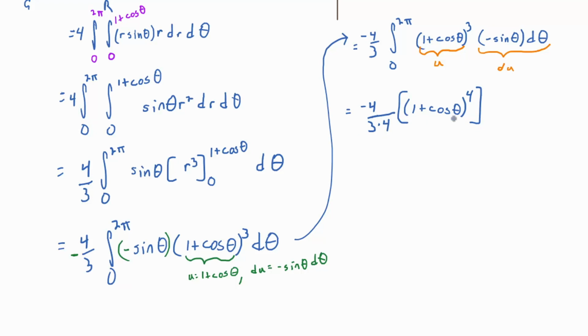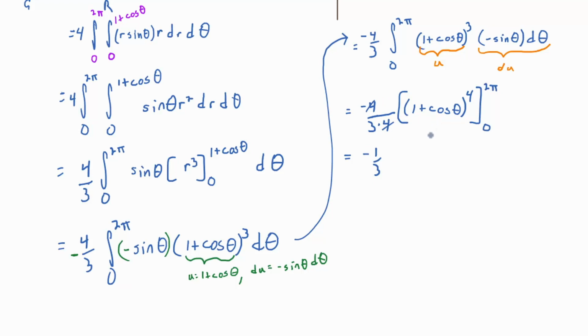Is that okay? And then, well, negative, right? And then 0 to 2 pi for my evaluation. Okay, so we get what out front? You said it, -1/3, I think, right? Yeah, gone.